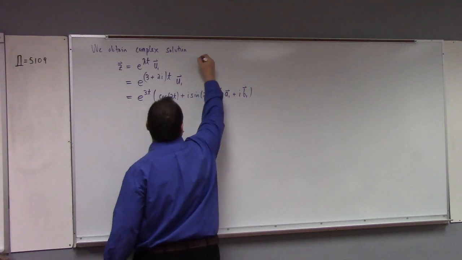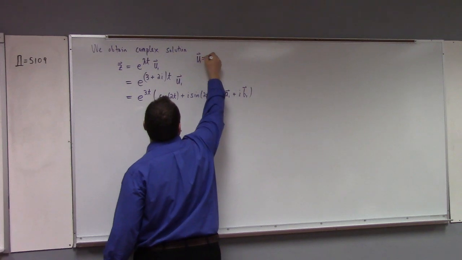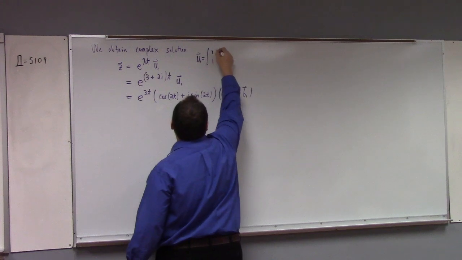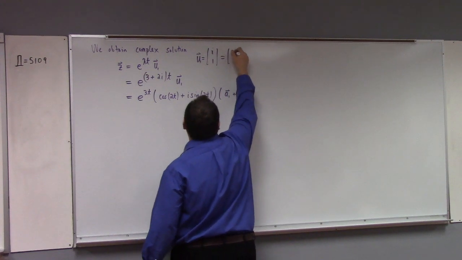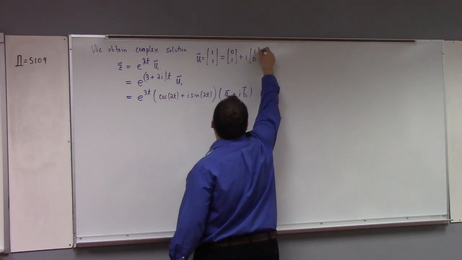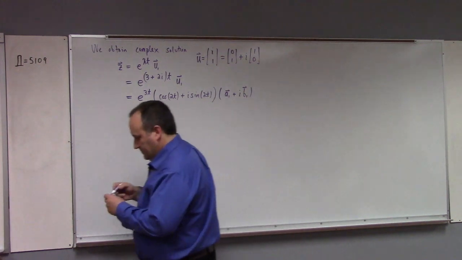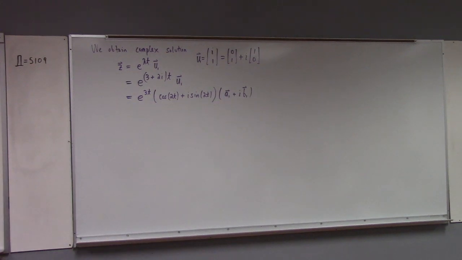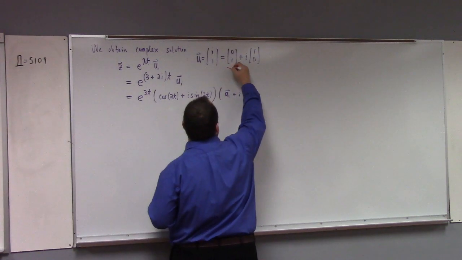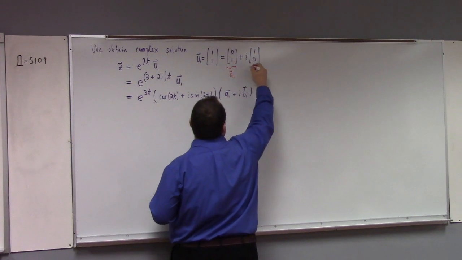So here, u1 we said was (i, 1). We can rewrite that as (0, 1) plus i times (1, 0). So to be explicit, this is what I mean by a1 and this is b1.